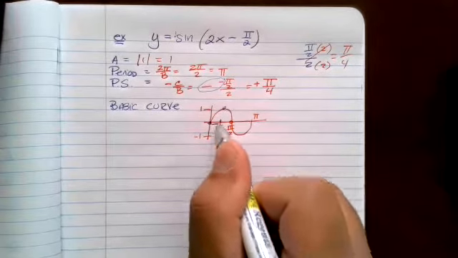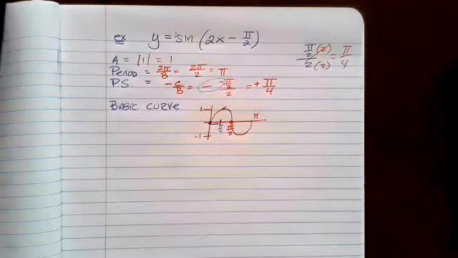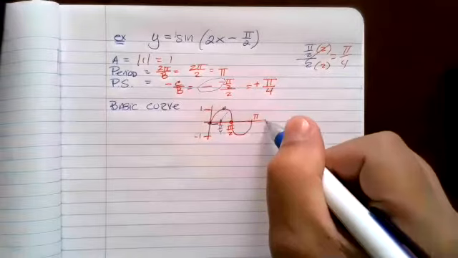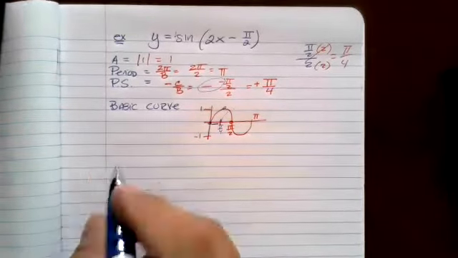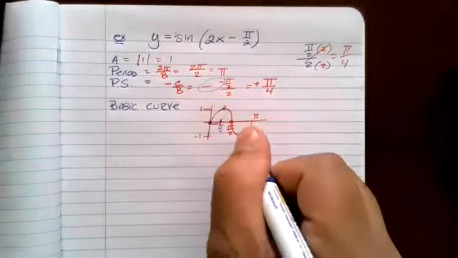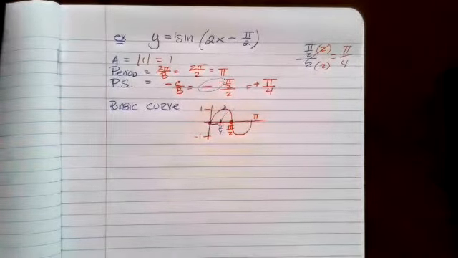Everything is moving this far to the right. So we could see right away what this is going to look like. Easy. But I want to list all these points that are here. 1, 2, 3, 4, 5. I'm going to list these 5 points, and then we'll add 1/4 to each one of the x coordinates and see what that looks like.